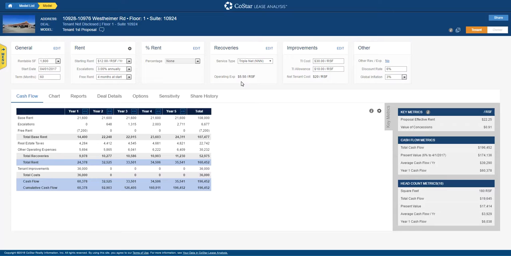That means that this particular property has common area maintenance, taxes, and insurance that combines to equal about $5.50 per square foot. That is added on top of the $12 a foot rental rate. If you had a gross lease, then this number would already be included in the rent. So the gross rate for this would be $17.50, $5.50 plus $12.